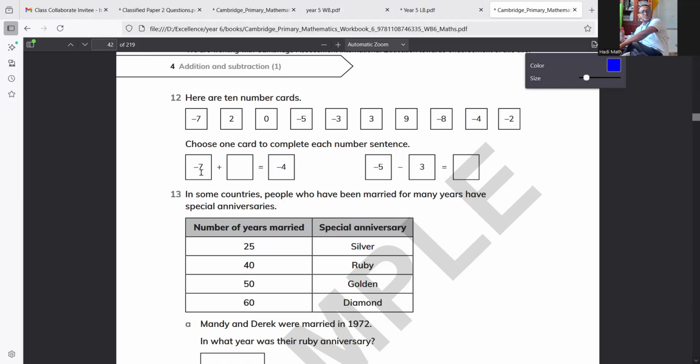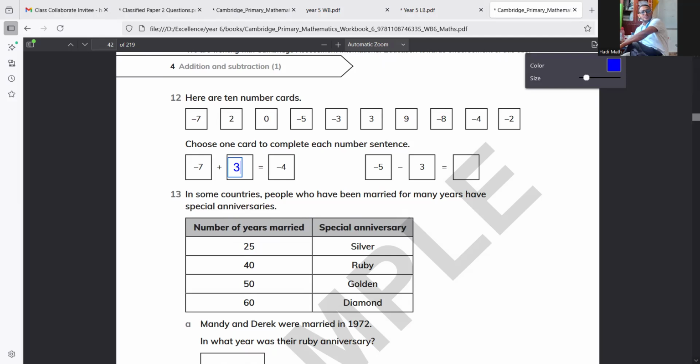We have -7 plus which number gives us -4? Look at your numbers. Without looking at these numbers, I know that to add to -7 to get -4, we add 3. -7 plus 3 is equal to -4.